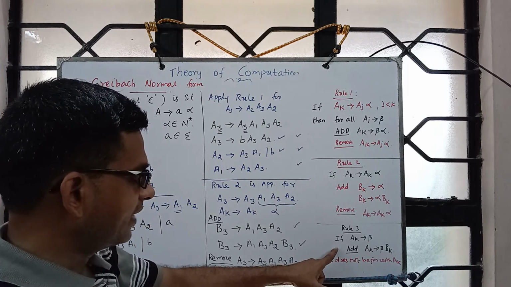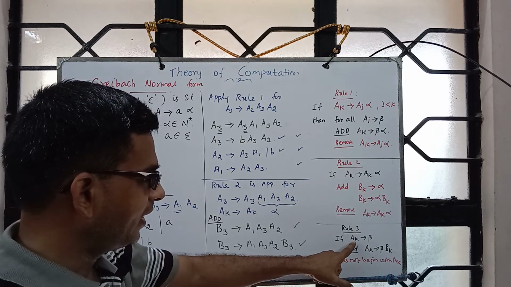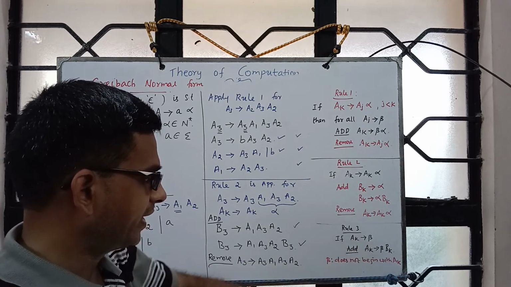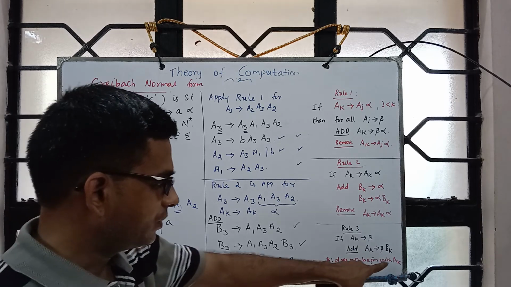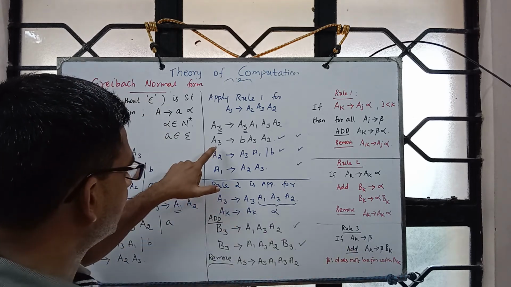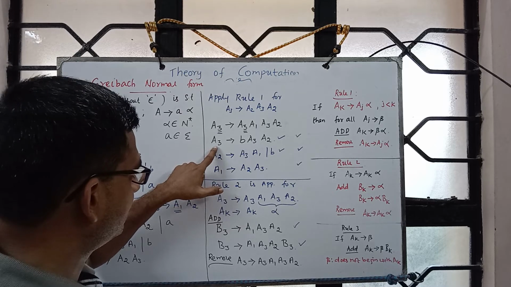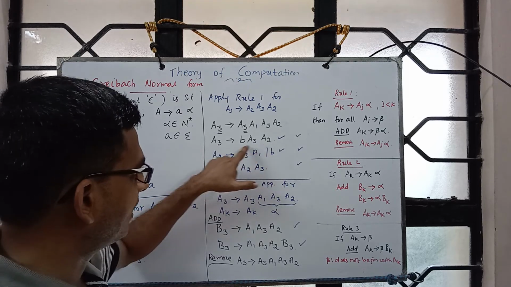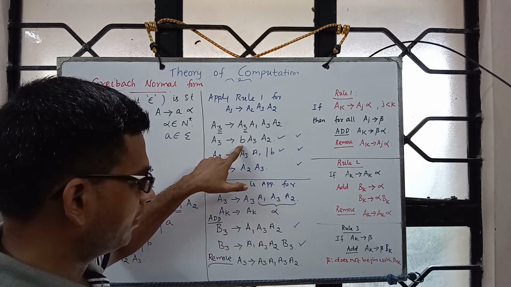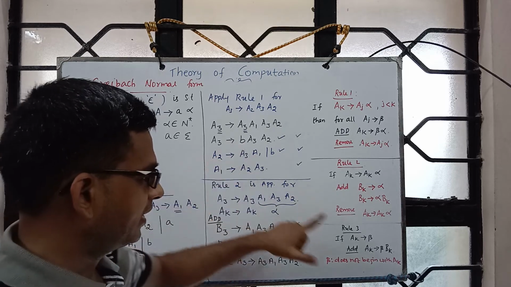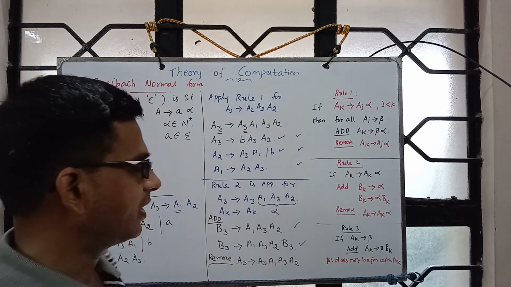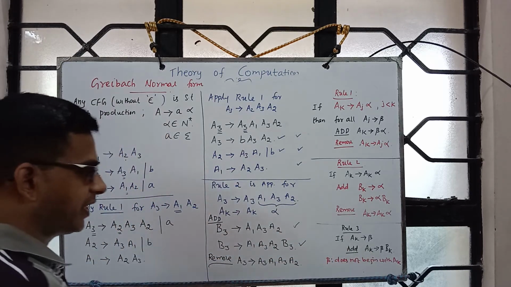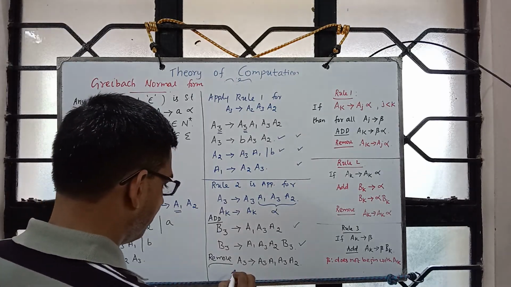Now, rule 3 says if you find AK implies beta, where beta does not begin with AK. For example, in this case, it is AK implies beta and beta does not begin with this. Then you write AK implies beta BK.